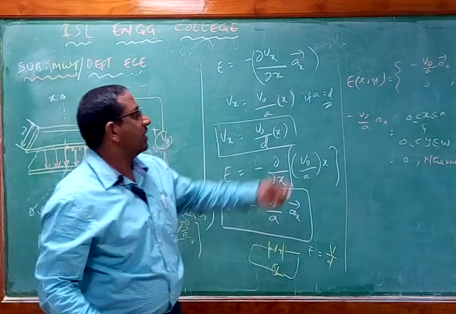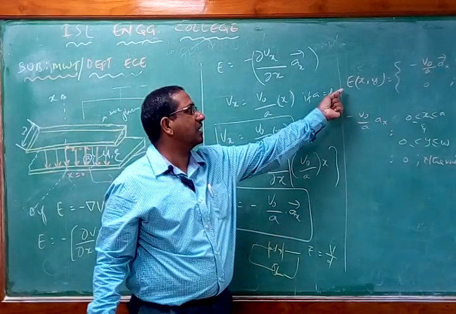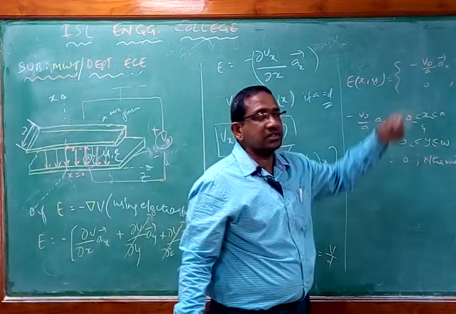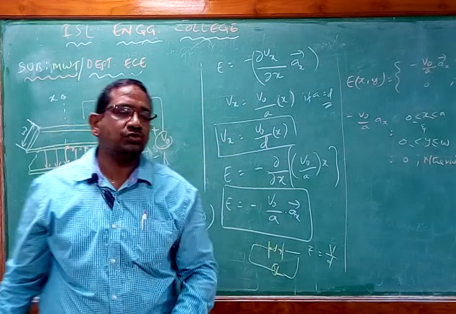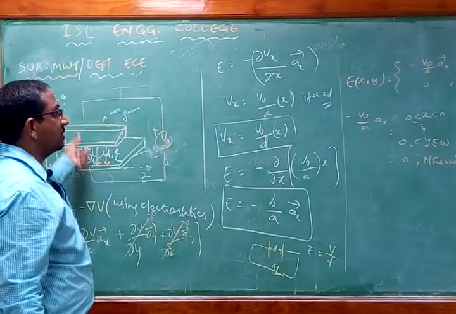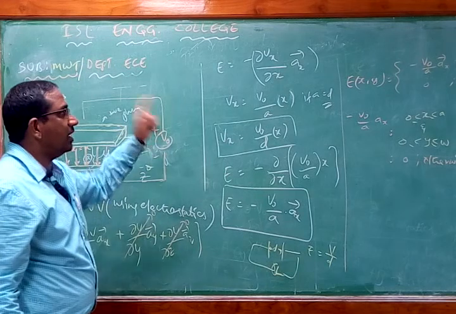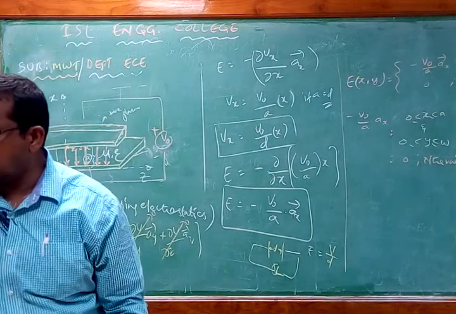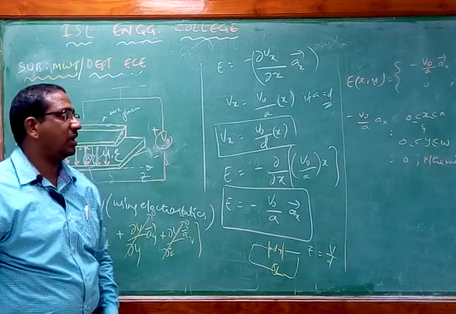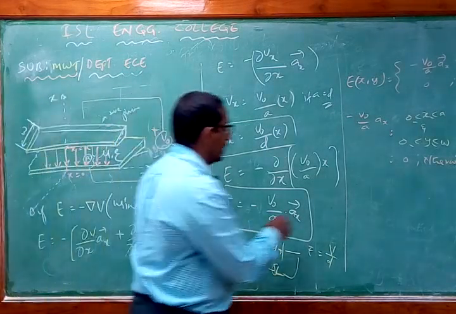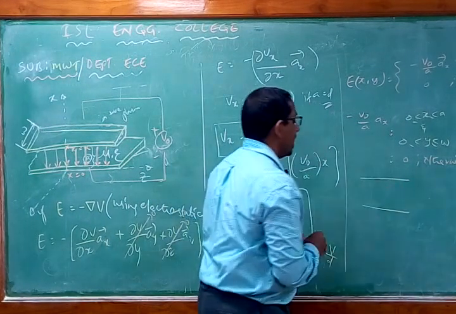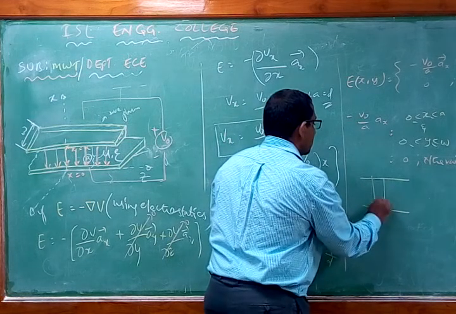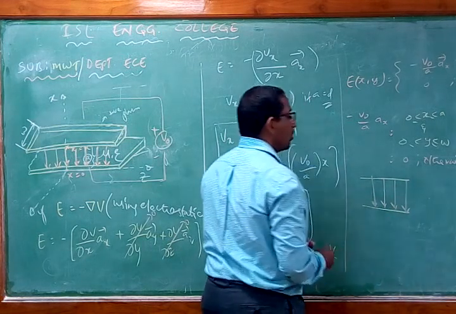So we can say that the electric field is equal to the potential applied between the two plates divided by the distance between them, where a is the distance between the two plates and V naught is the potential applied. Say we have a top plate and a bottom plate like this, and the electric field is propagating from top to bottom.